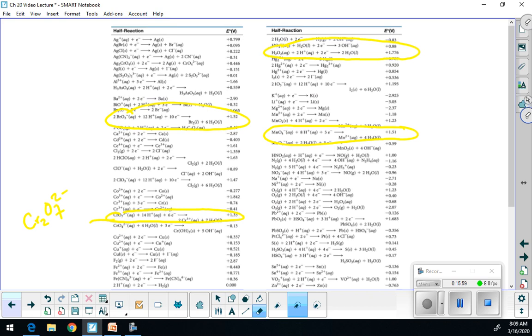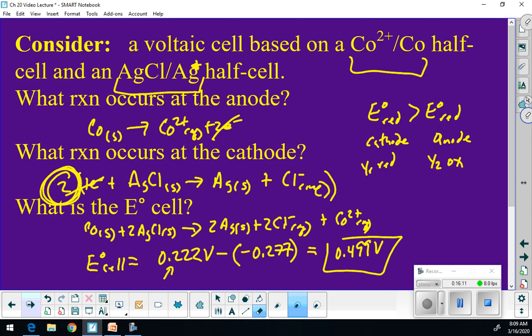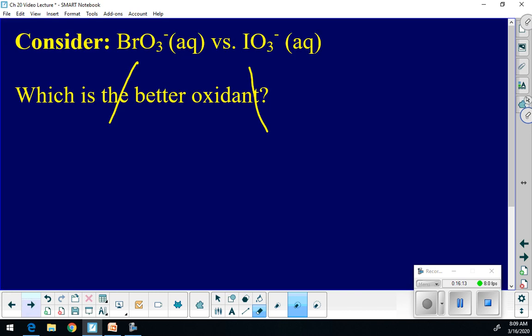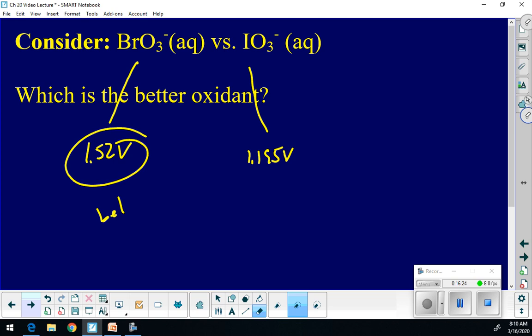And iodate is 1.195. So I have 1.52 volts versus 1.195 volts. Well, this is bigger, so it is the better oxidant. That's simple. Cool.